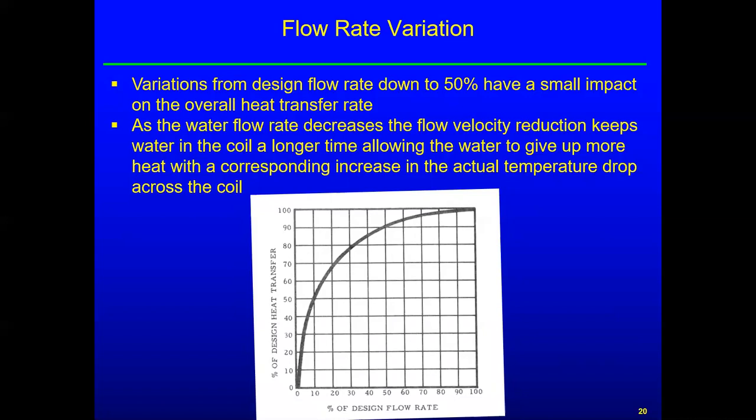And so if you plotted the leaving water temperature, that 20-degree delta T at 50% flow would probably be 40, which means it's not quite linear, but it's going to go up significantly, which is why the amount of heat transfer stays up as you cut the flow rate.